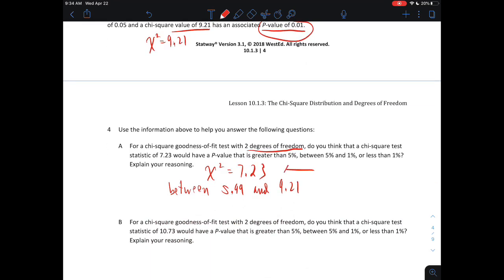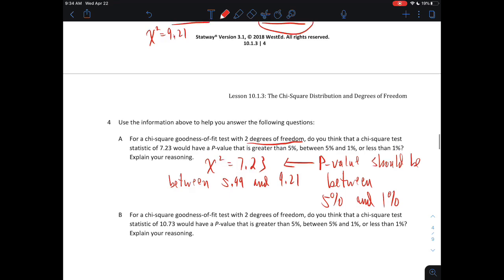So the p-value should be between 5% and 1%. Again, this is just getting us used to how chi-square values relate to p-values.